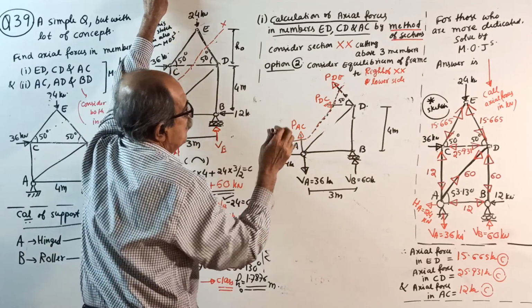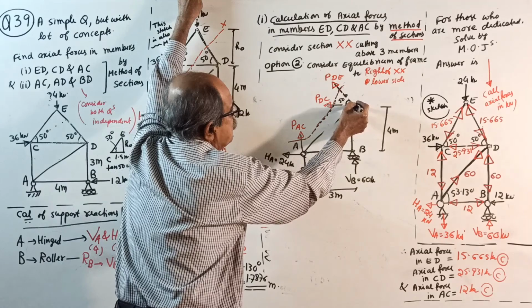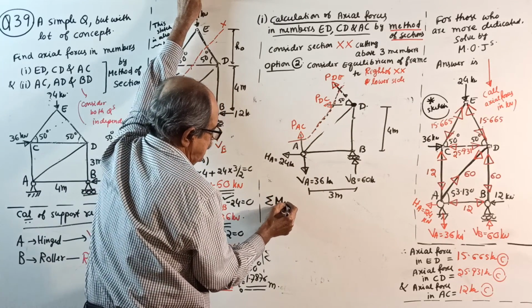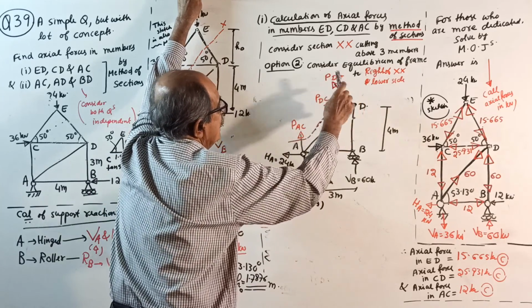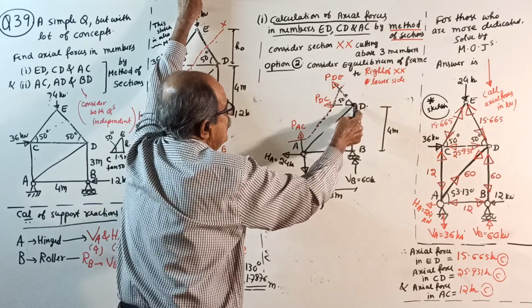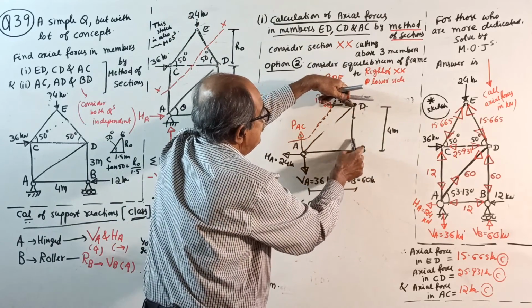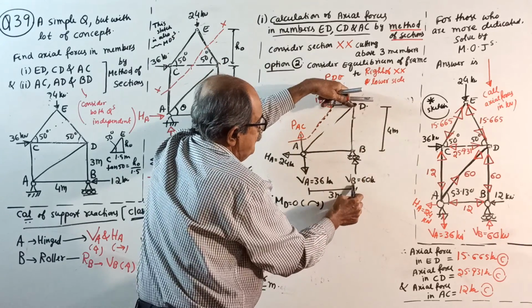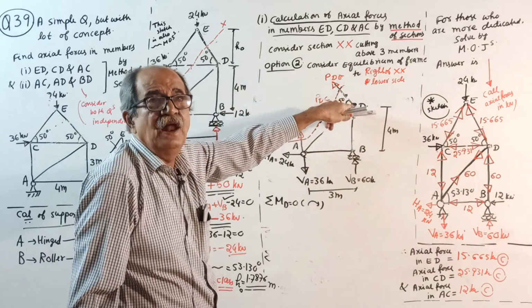Among the 3 unknowns, 2 unknowns are passing through point D. So, sigma M about D is 0. Very easy here. Clockwise positive. Take moment here: this into 0, this also into 0, VB also into 0. Why? If we extend VB, line of action passes through D. That also 0.